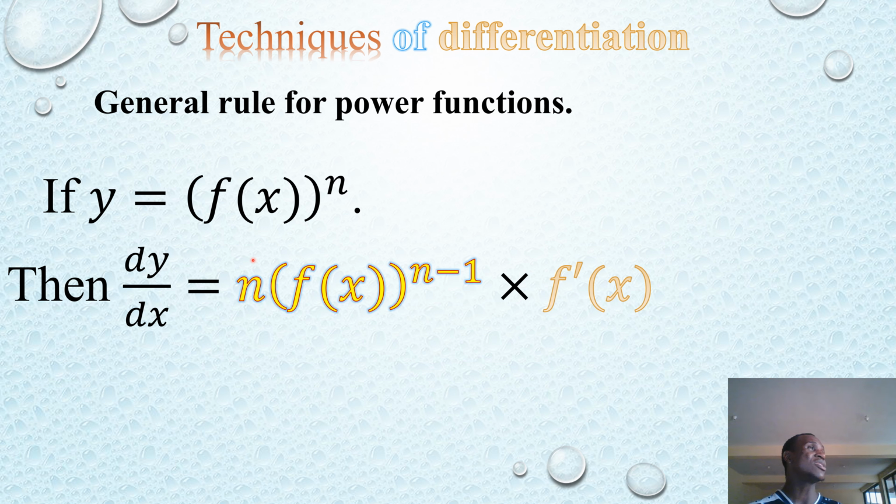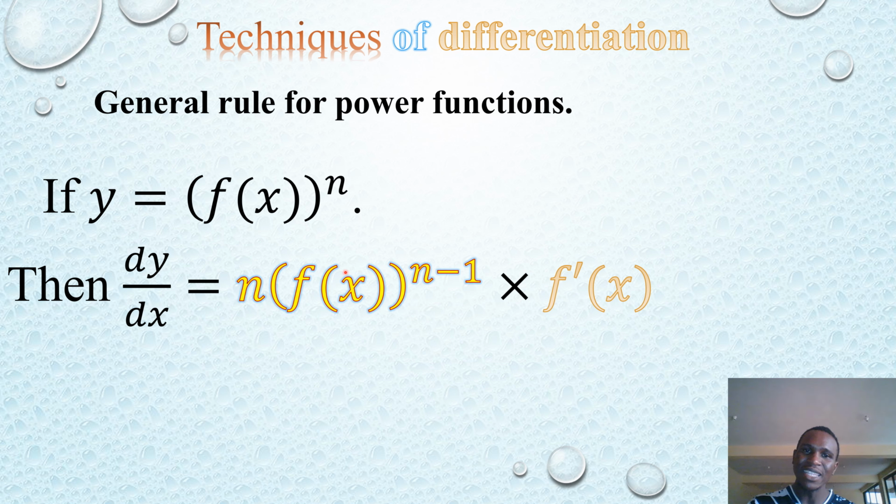The reason why we were not differentiating x was just because when you differentiate x with respect to x it equals 1. That's why we were not considering it. Now, this is a general rule, okay? You copy the power and reduce it by 1. That's the general form.